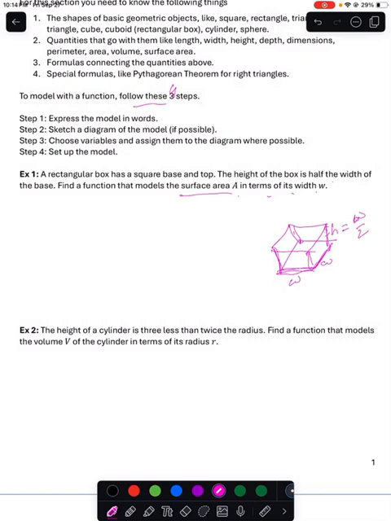A box has 6 faces, so we find the area of each face and then we add them. If it's a cube, all 6 faces have the same area. So if it's W squared, then all faces have W squared, so we get 6W squared. But in general, the height and the width and the length or depth differ.